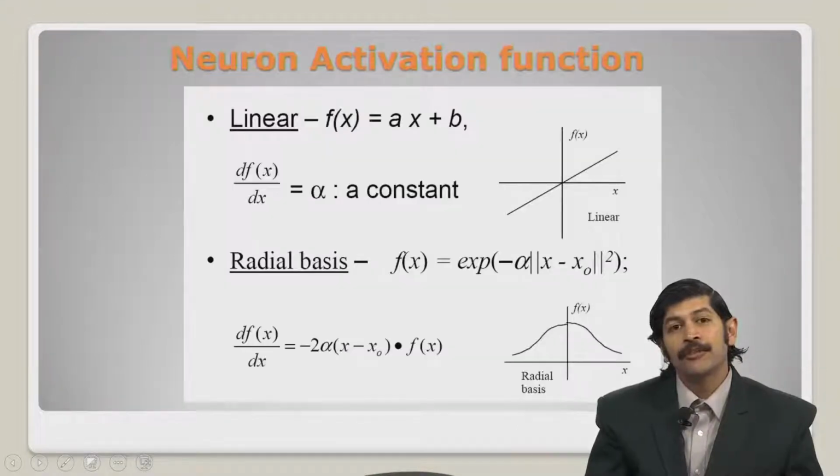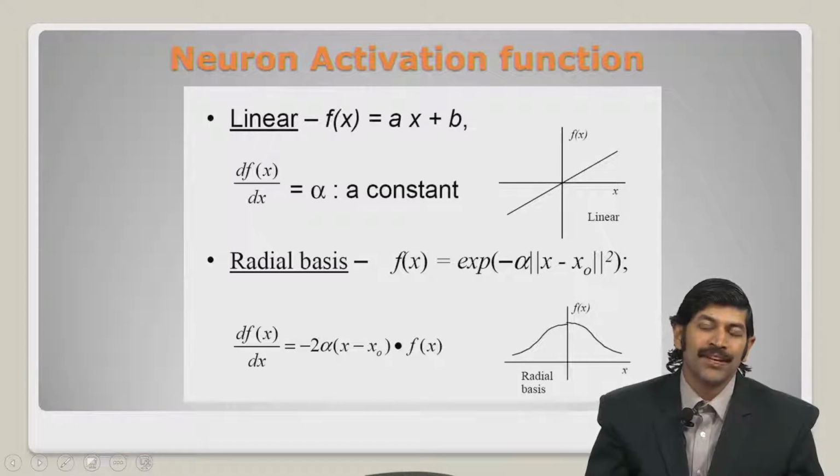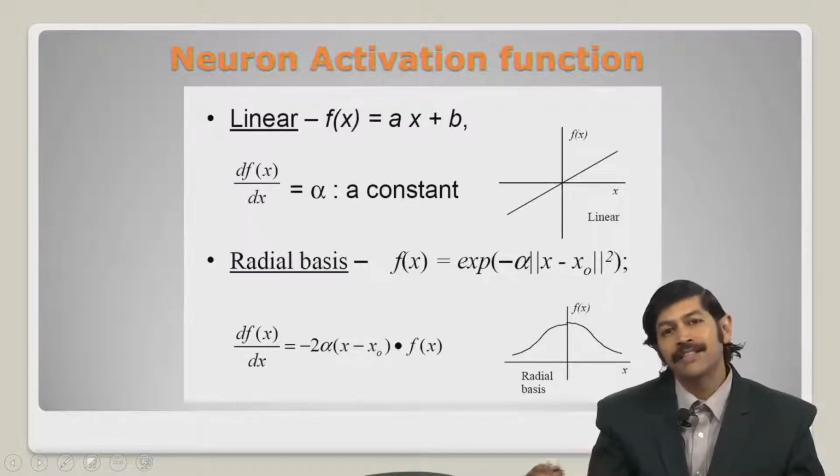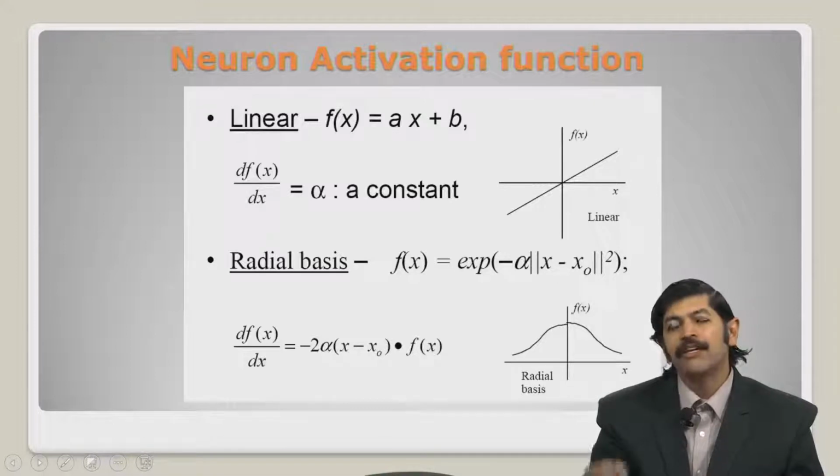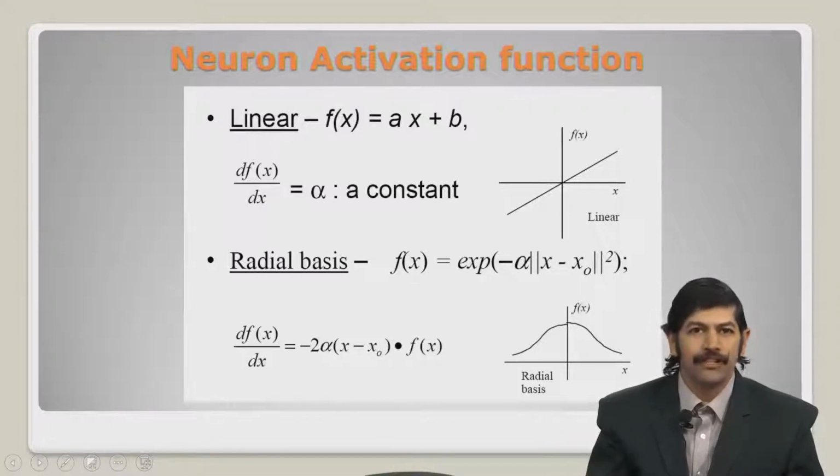The different types of activation functions. There are different characteristics that my activation function should typically have. For example, it should have a monotonically non-decreasing kind of nature. I repeat, my activation function should typically have monotonically non-decreasing kind of nature.